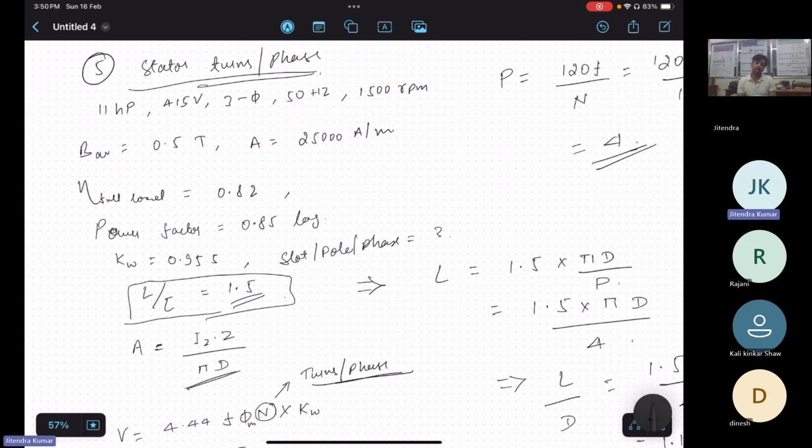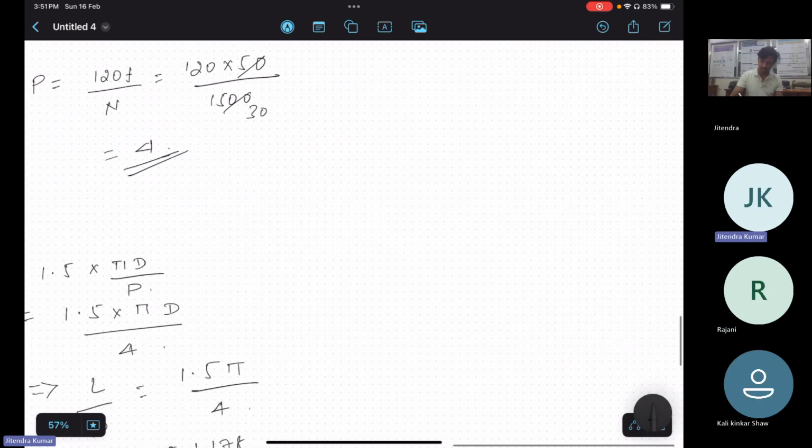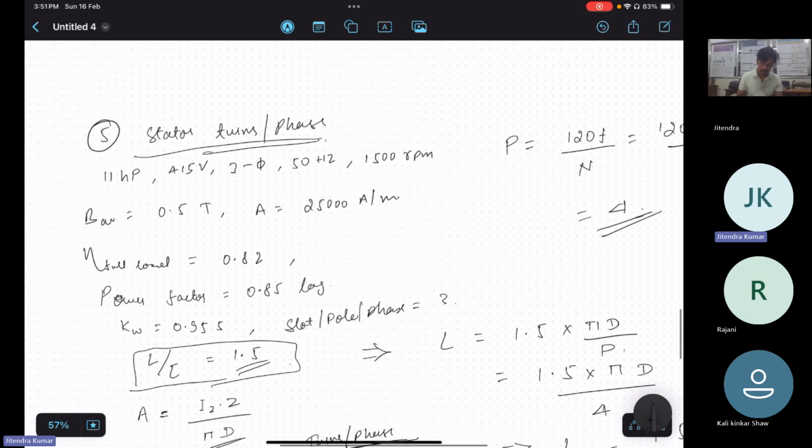We are given power, right? We are given speed, so we can calculate torque, and torque is directly proportional to D square L. Torque is nothing but power, P equal to power by omega.